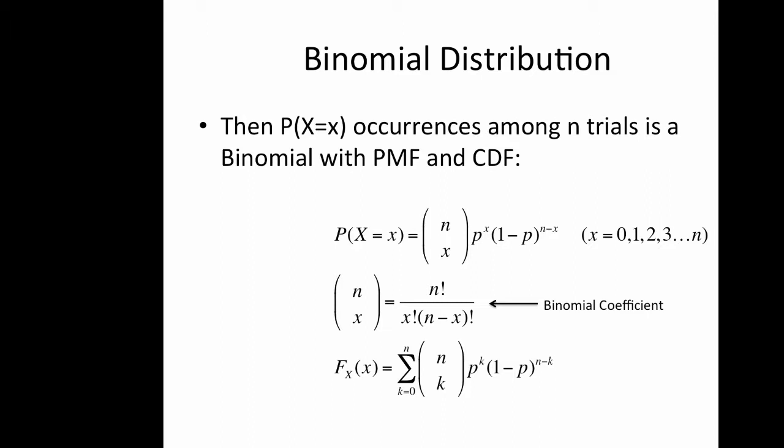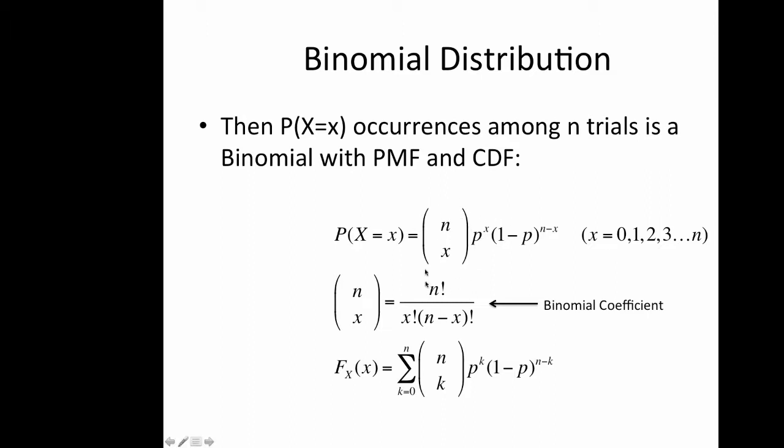The top equation here is the PMF. The probability that X takes on a value x is going to be equal to a binomial coefficient, times the probability for each trial having an occurrence, p, raised to the x, times 1 minus p, the probability of the non-occurrence, raised to n minus x, where x can take on discrete values of 0, 1, 2, all the way up to n occurrences.